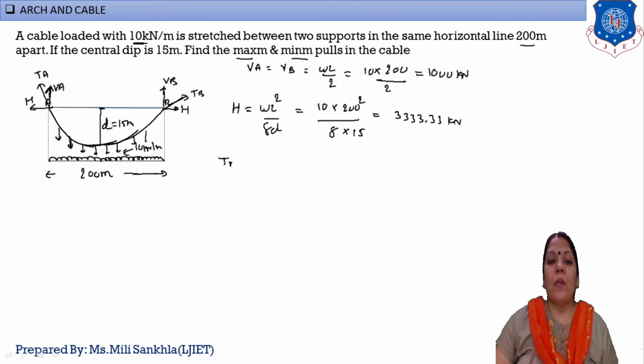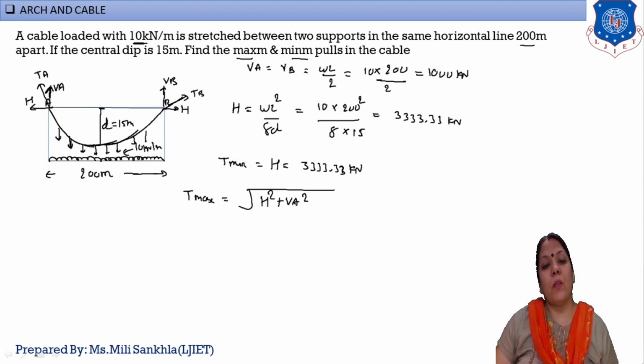Now one by one we find our two values, maximum and minimum. If you remember, in the theory portion I explained that T minimum is equal to the horizontal reaction H, which is 3333.33 kilonewton. Next we find our T maximum, and the equation of T maximum is under root of H square plus VA square. We can take VA or VB, both are the same, because the cable supports are at equal height, on the same line.